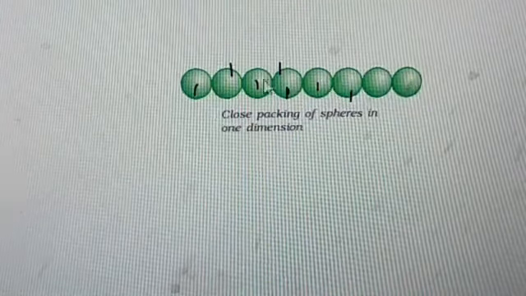But if we take this case, they are not present atom to atom. In this, the second row is arranged at the gaps. The next constituent particles are present in between the gaps of the first row. Yes or not? You can clearly observe this.